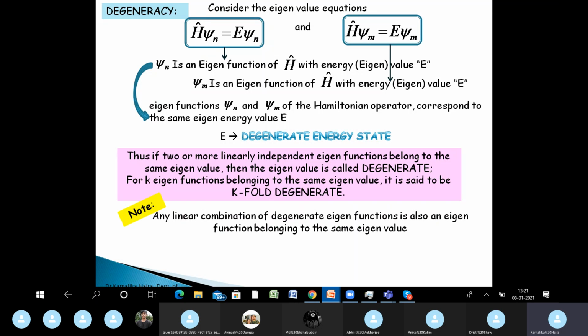Very, very important. Degeneracy, this concept is very important. You must note that any linear combination of degenerate eigenfunctions is also an eigenfunction belonging to the same eigenvalue.